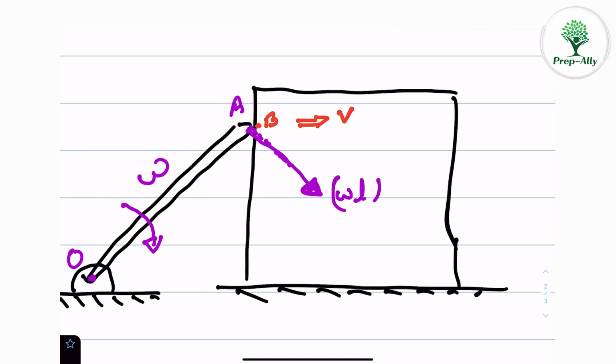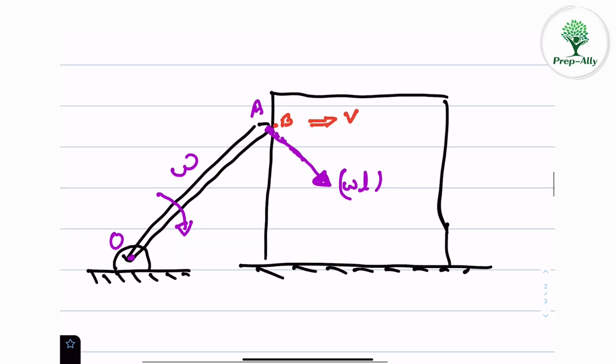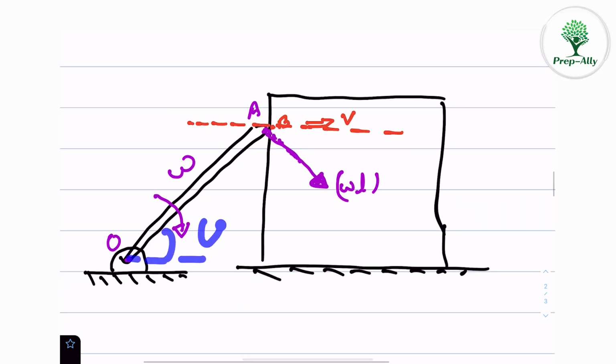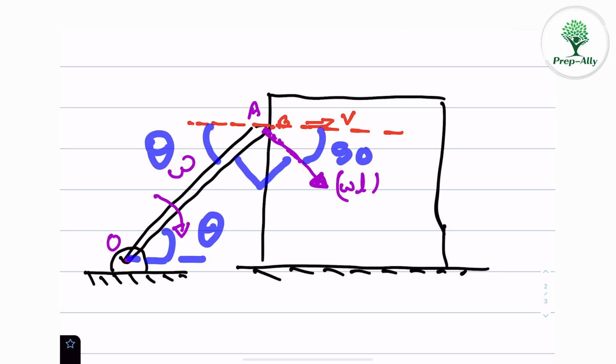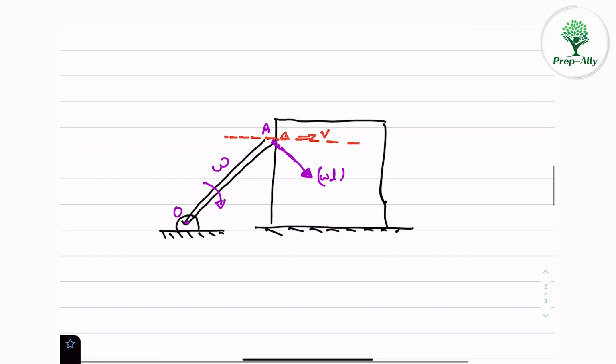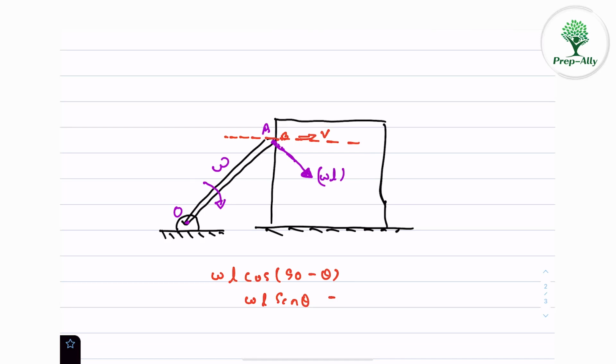So basically, if this angle is theta, then this angle is also theta. This is 90 degrees, and this is 90 minus theta. What is the horizontal component of omega L? The horizontal component of omega L is omega L cos of (90 minus theta), which is omega L sin theta, and that should be equal to the velocity.